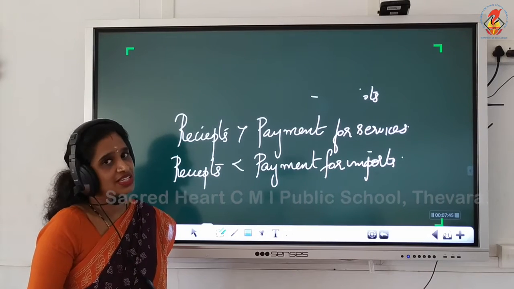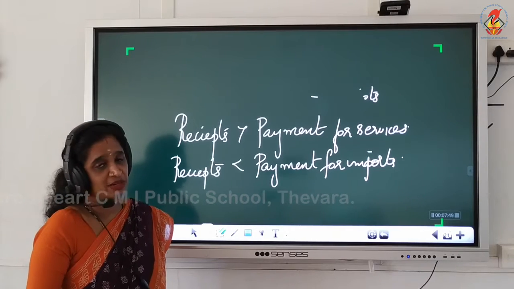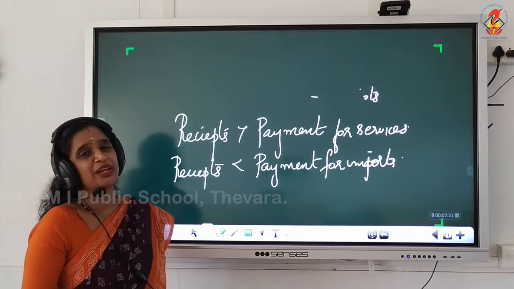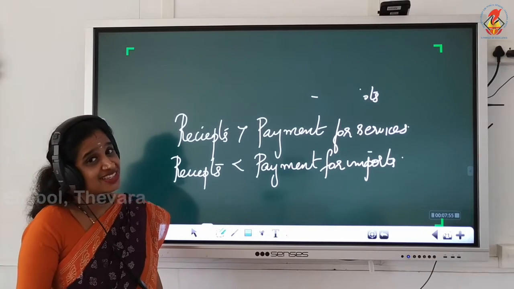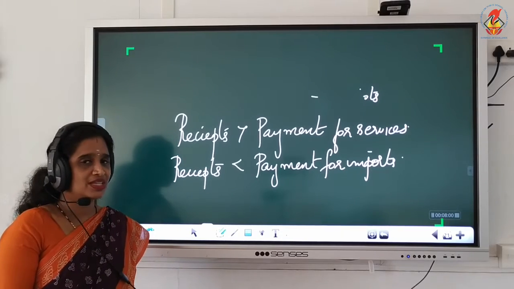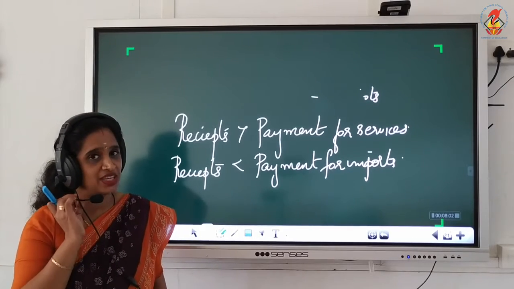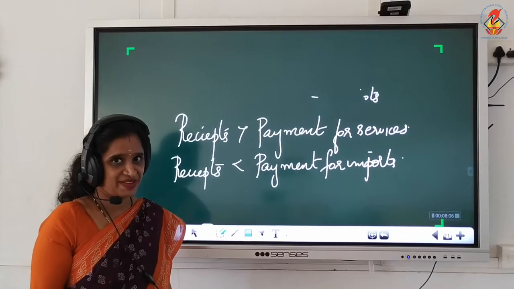That means we are not exporting that much of services to other countries. Therefore, the flow of money is less. So receipts being less than payment for imports means there will be a deficit.